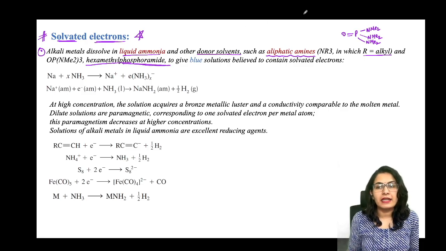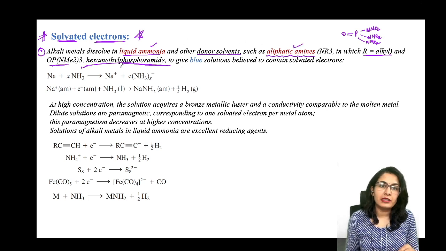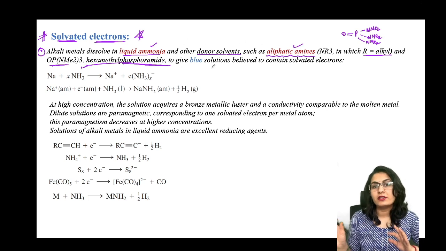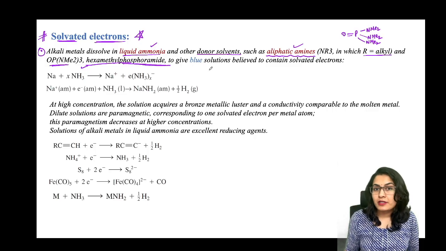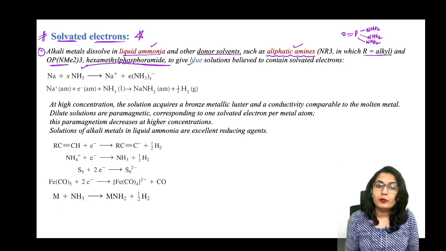And phosphorus can have maximum 5 valency. That's why 3 of these groups. So this is again polar. All of these, liquid ammonia, aliphatic amine, and hexamethyl phosphoramide, all of these can give you the same electron capture process of alkali metals. So they give you blue solutions believed to contain solvated electrons.